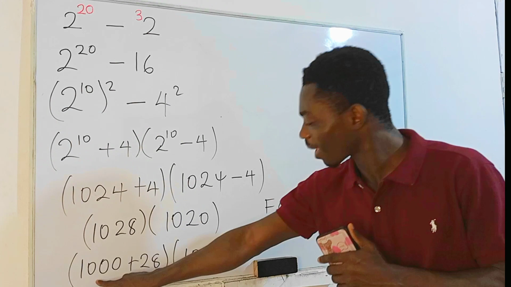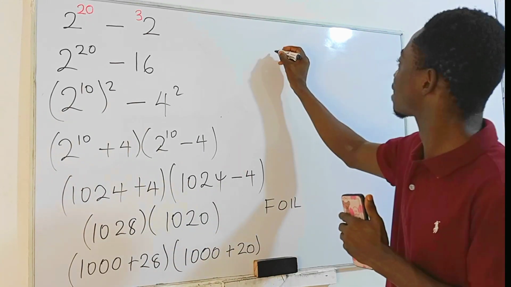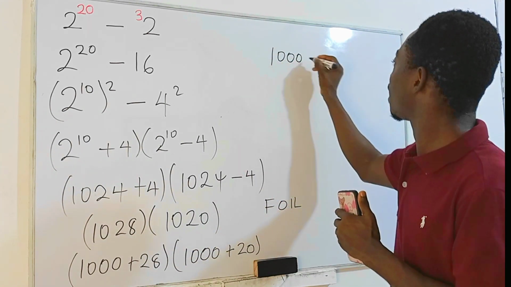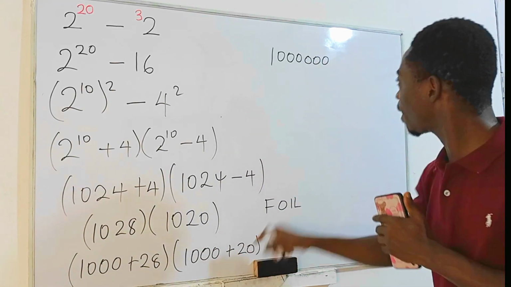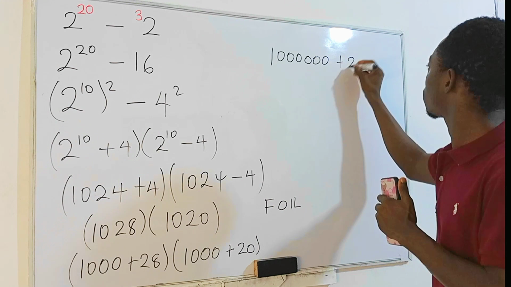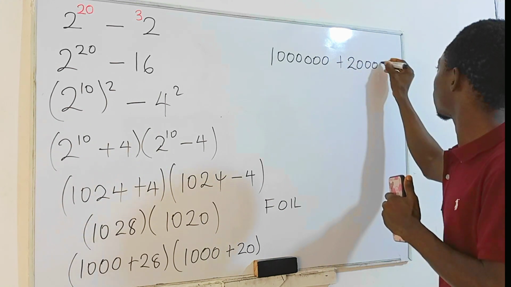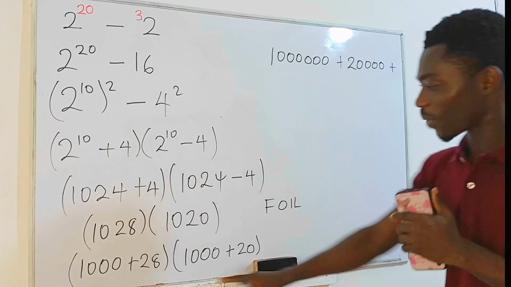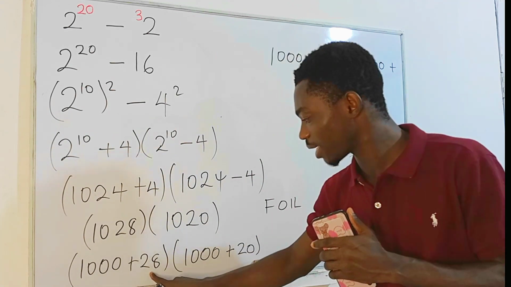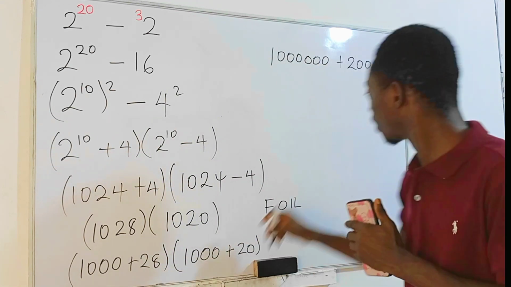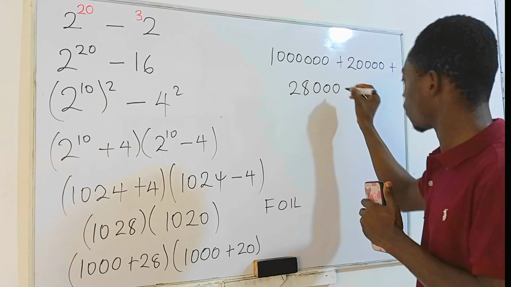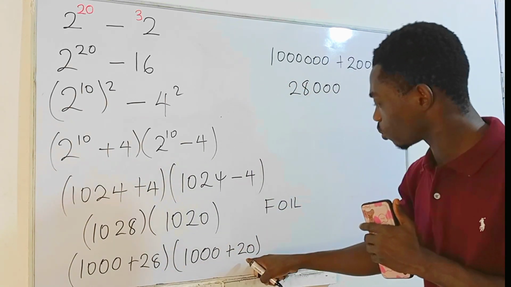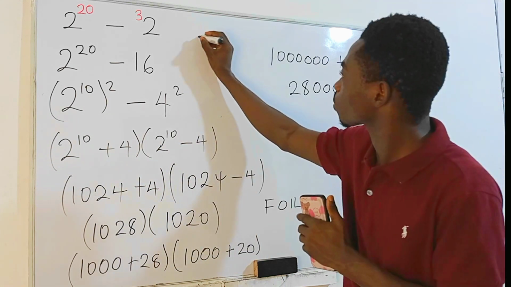Now let's start. 1000 times 1000, that is 1 million. Then 1000 times 20, that is going to be 20,000. Then plus, we are done distributing the 1000. Let's take this one. 28 times 1000, that is 28,000. Then 28 times 20, let's do the math right here.